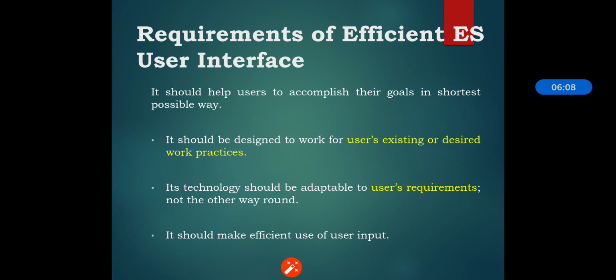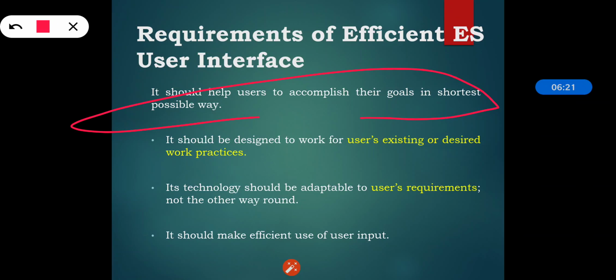Now, what are the user interface requirements? Requirements of an efficient expert system user interface. It should help users accomplish their goals in the shortest possible way, meaning they should get the answer in minimum time. It should be designed to work for users' existing as well as desired work practices. Its technology should be adaptable to user requirements because it should be user friendly; only then will our expert system be successful.